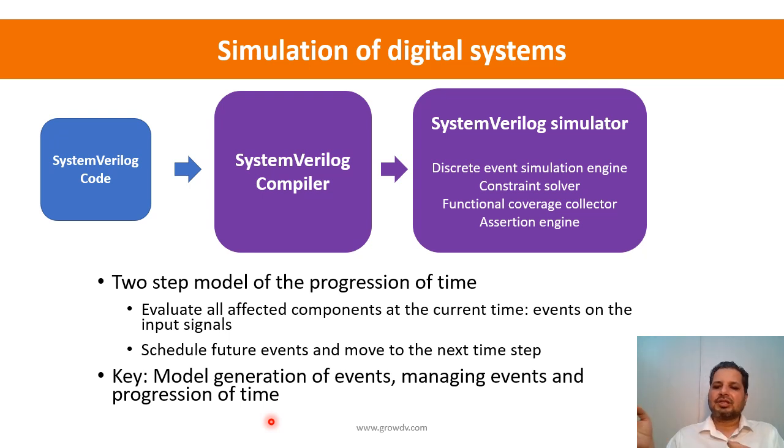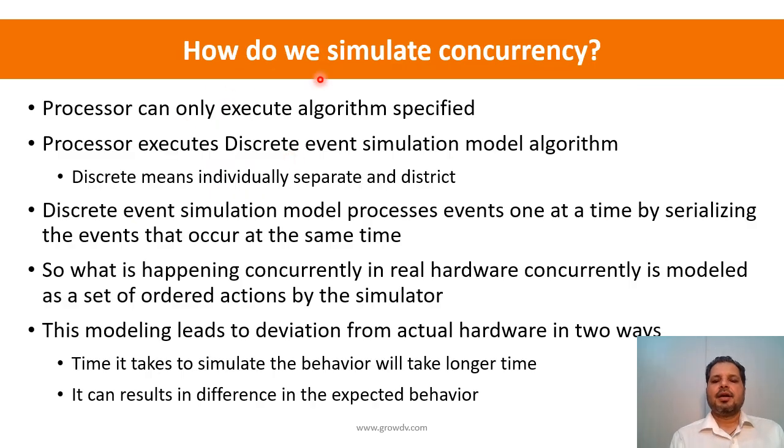It won't progress linearly like 1, 2, 3, 4 nanoseconds. It will progress based on at which time step the events are present. Based on that it will keep progressing. So all that handling is part of your discrete event simulation model. So in summary, how do we simulate the concurrency?